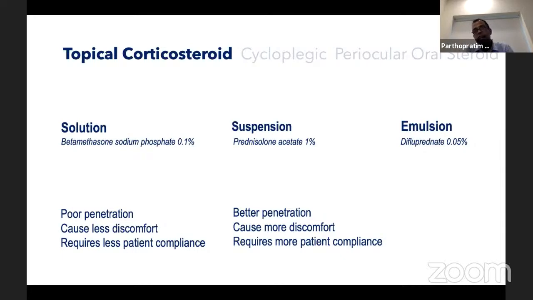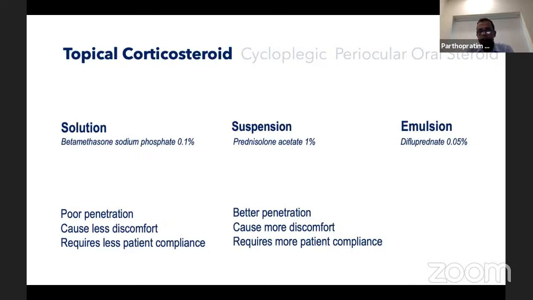In a study, they have shown that one needs to shake the bottle of a suspension 20 times to achieve the desired concentration. So this is very important while prescribing a suspension topical steroid to a patient: you need to tell the patient about compliance and instruct the patient to shake the bottle properly.